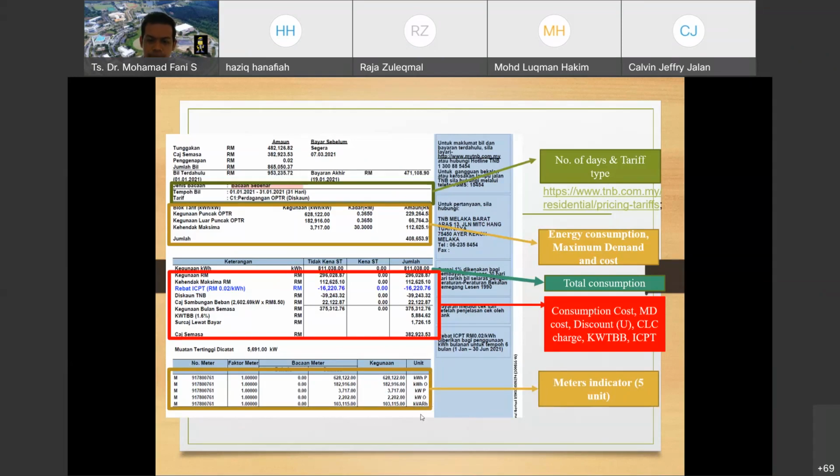We also have kVAR hours. This is the 5 meter indicators, and the peak power consumption over here.